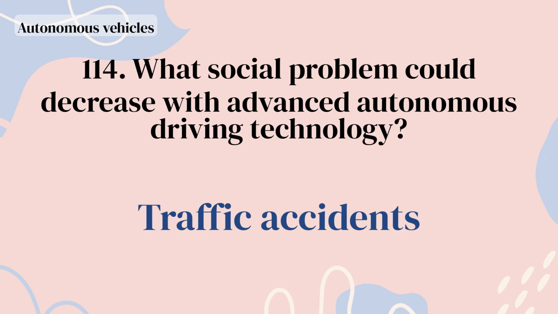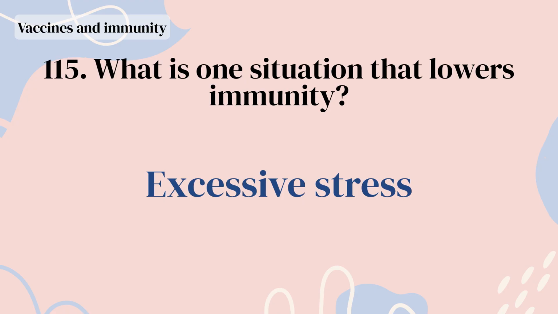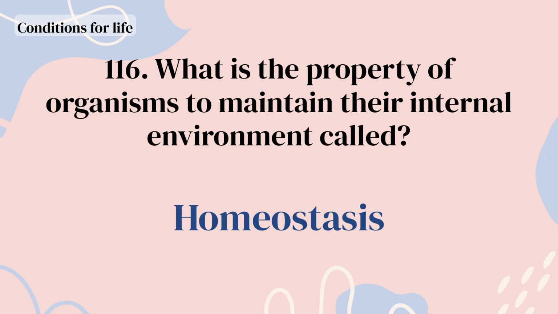Traffic accidents. What is one situation that lowers immunity? Excessive stress. What is the property of organisms to maintain their internal environment called? Homeostasis.